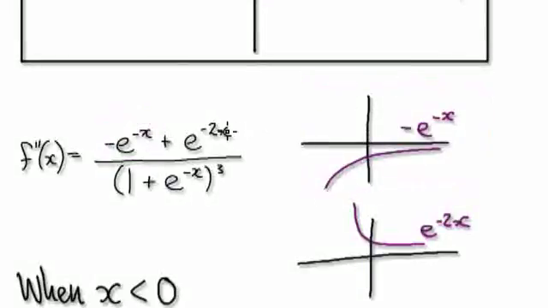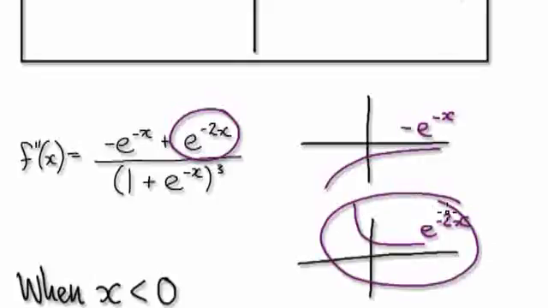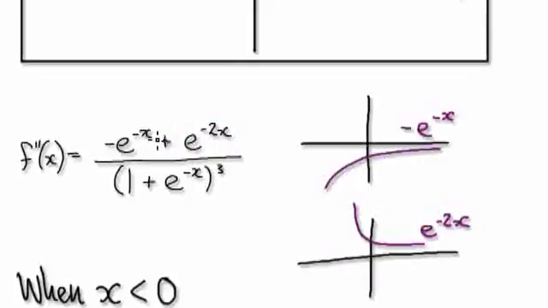Just bear in mind that when you have e to the power of x, it looks like this. E to the power of 2x is a lot steeper. Bear that in mind.